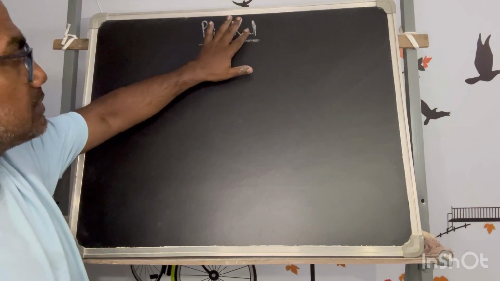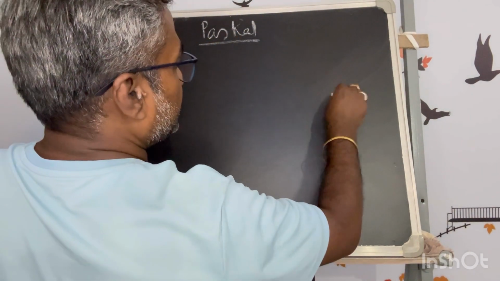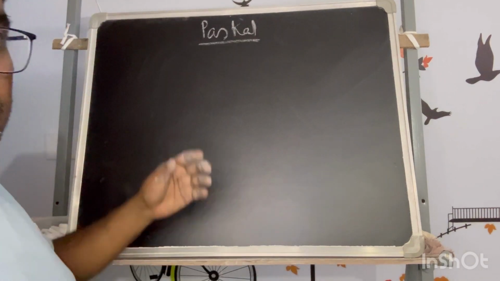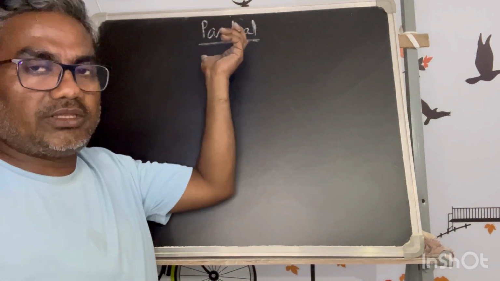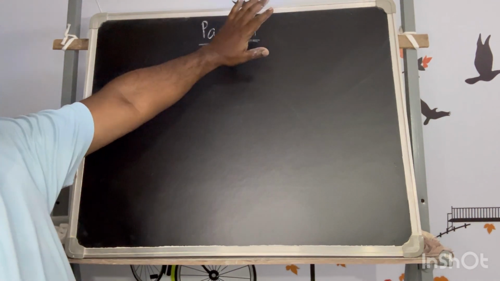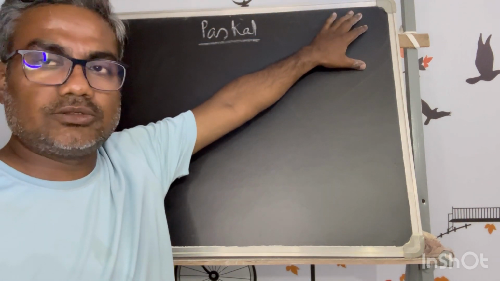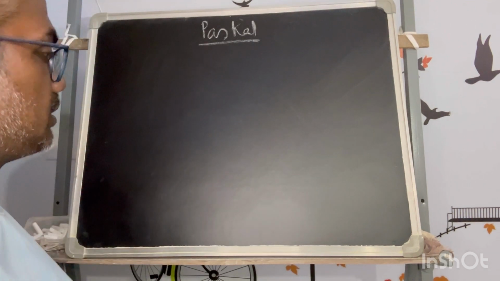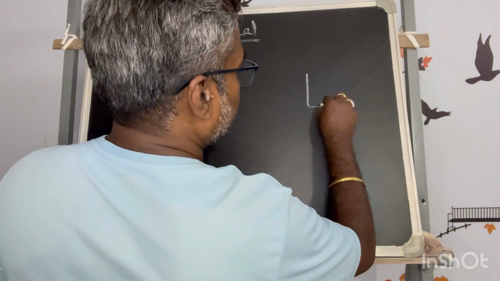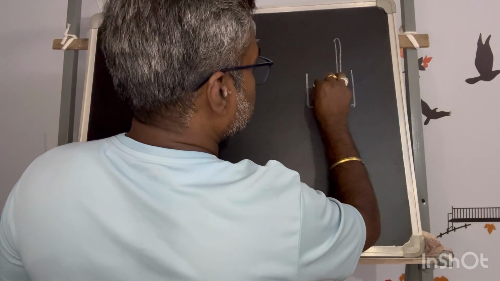Now how has Pascal come to that conclusion? First, he experimented with the barometer. If he is telling the truth, that also stands good for Torricelli's theorem, because Torricelli said that in a container I am keeping an inverted tube and I can measure the atmospheric pressure.